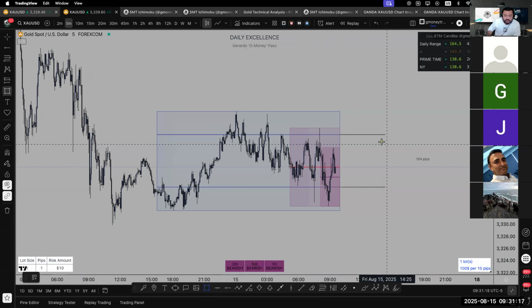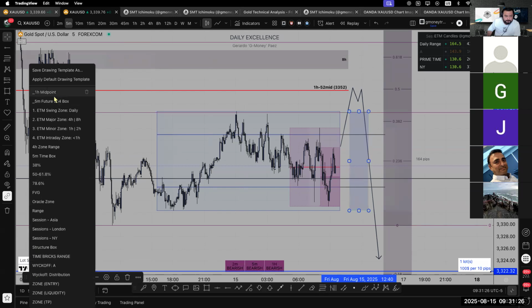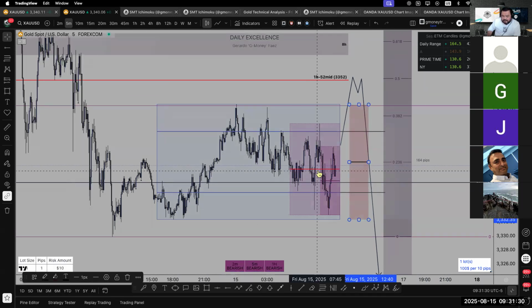But again, if we were to measure from high to low, the 204 box, as you guys see, the 52 mid is below the 204 mid, and that's the reason why this little line is red.